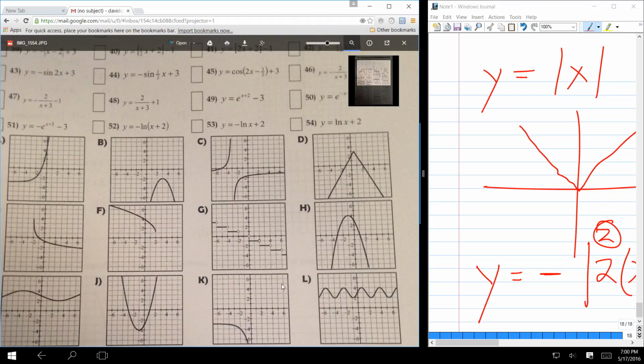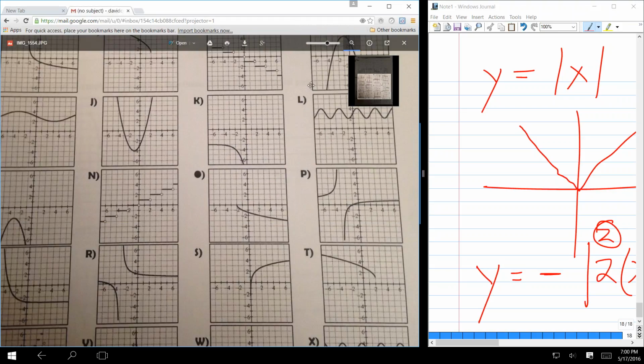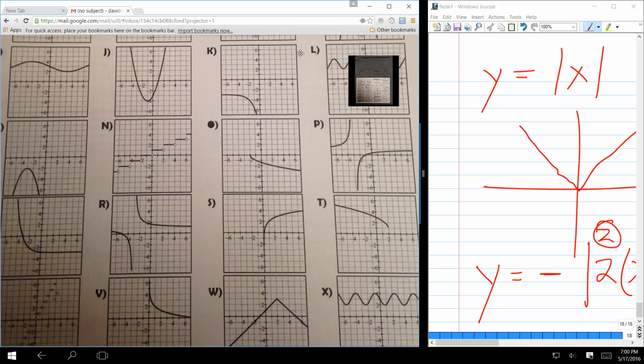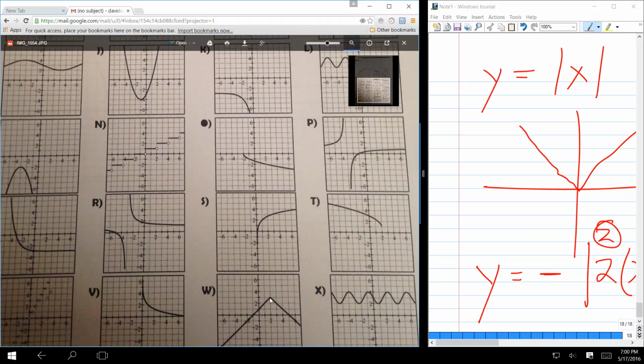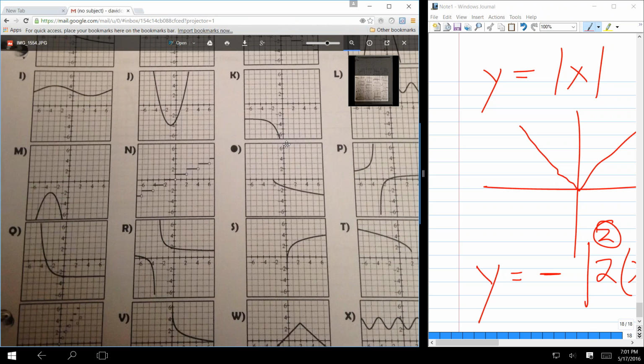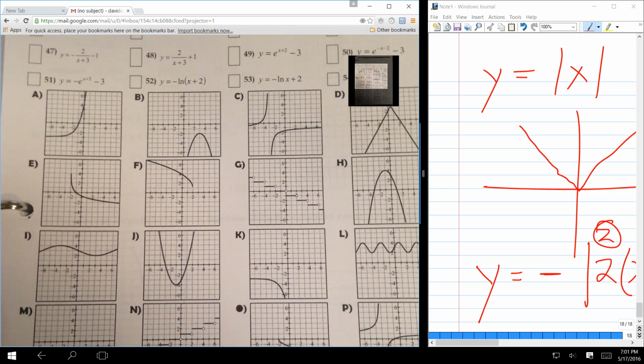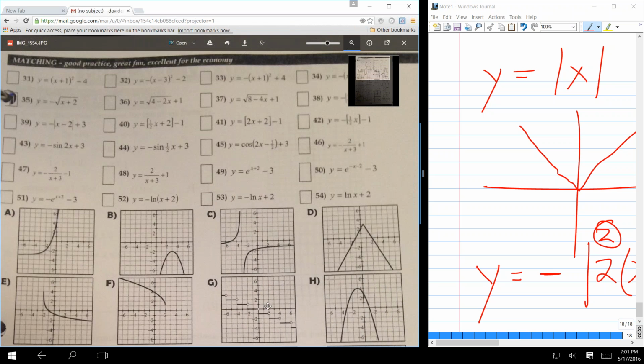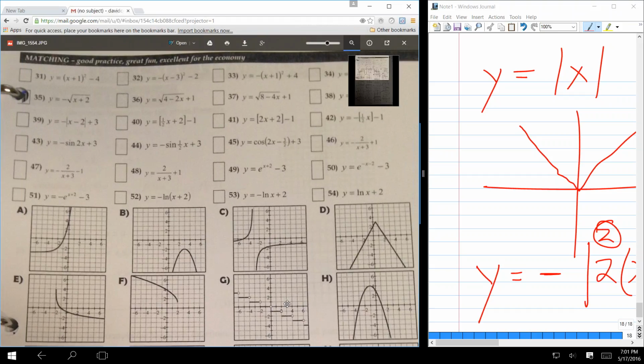Okay, so let's find that. So it's W. Yeah, moved right 2, up 3, and flipped. Notice that it matters. If you move it up and then flip it, you don't get the same curve as if you flip it first. So you always have to do all of your reflections first.